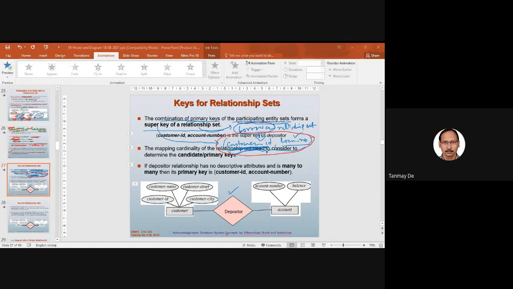In that case, the super key of the depositor relationship set is customer ID, account number, and access date.